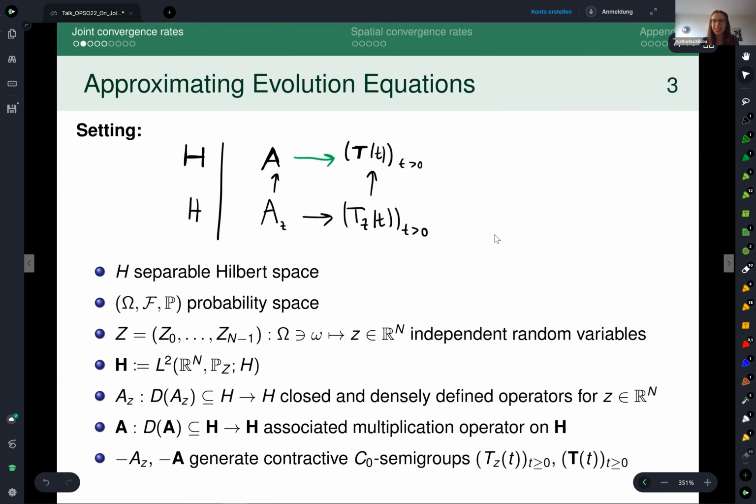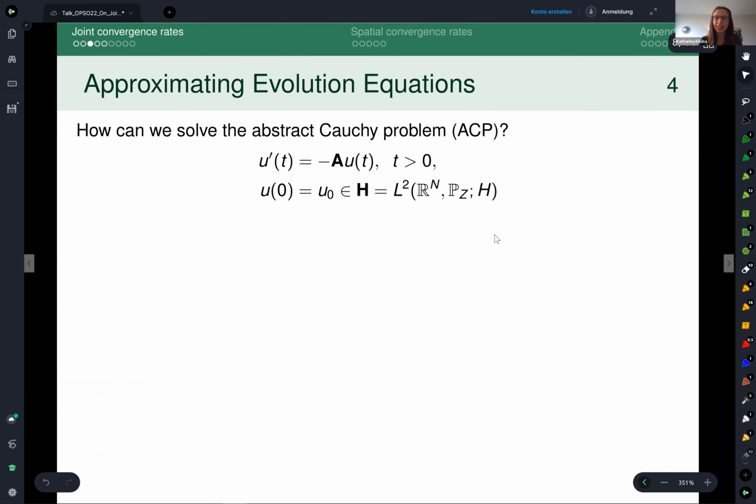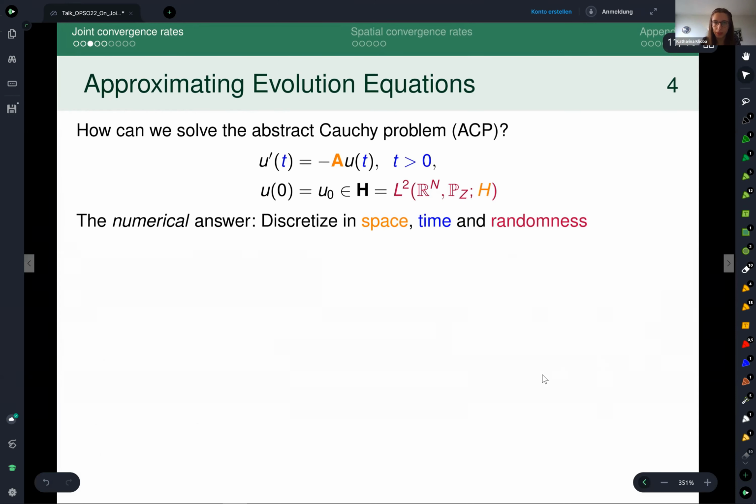So this is the functional analytic setting we're working in, and we now want to approximate the solutions of the abstract Cauchy problem associated to the generator bold H. And we do so by discretizing in space, so everything related to H, in time, and in randomness. So let's quickly recall how that is done from a functional analytic point of view.